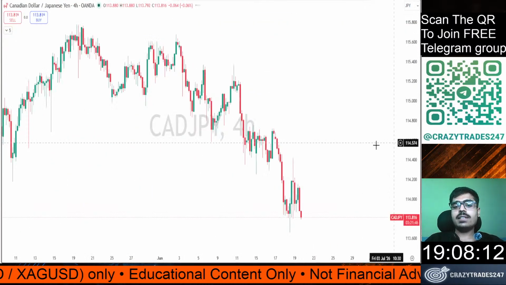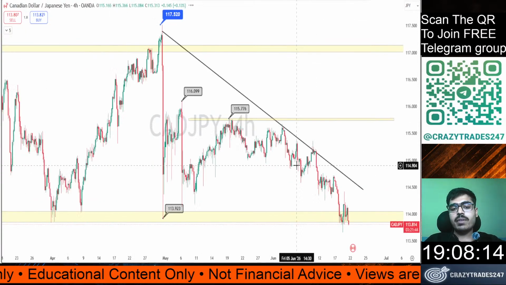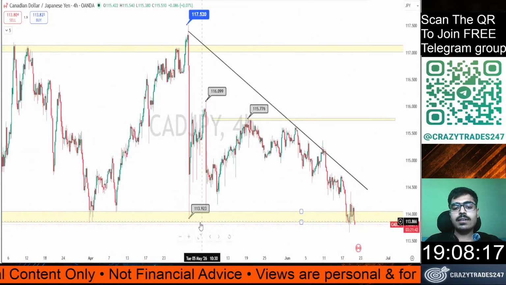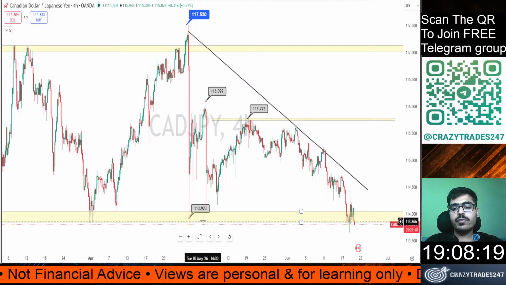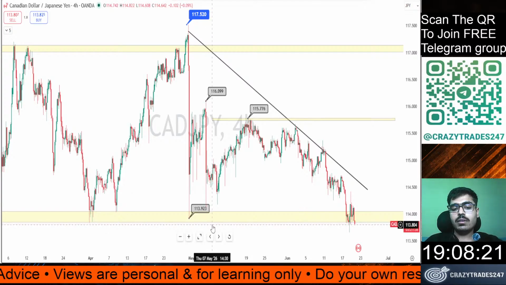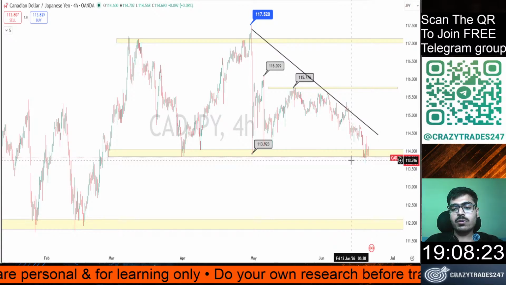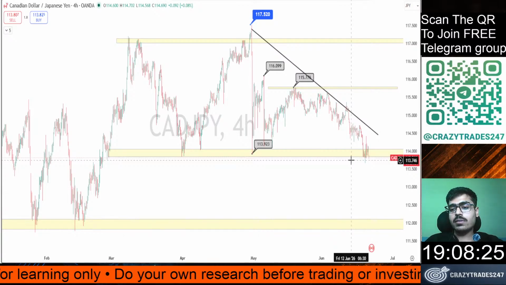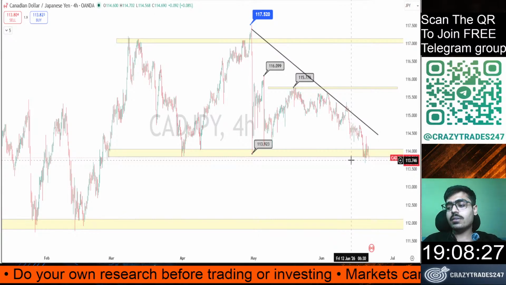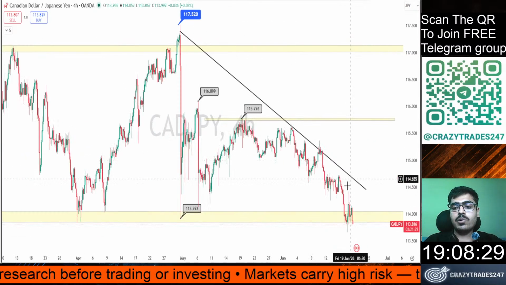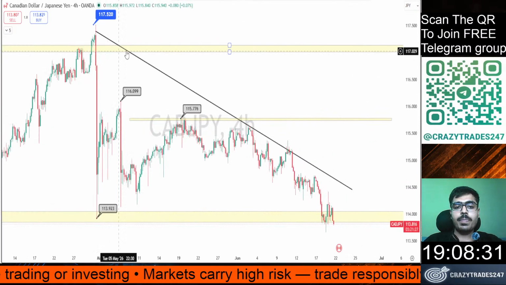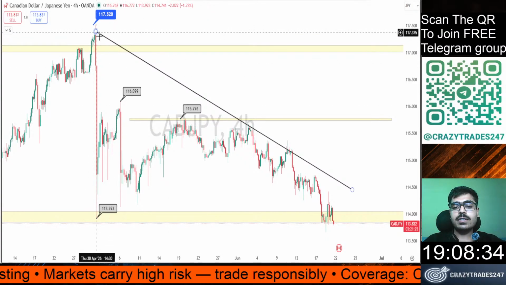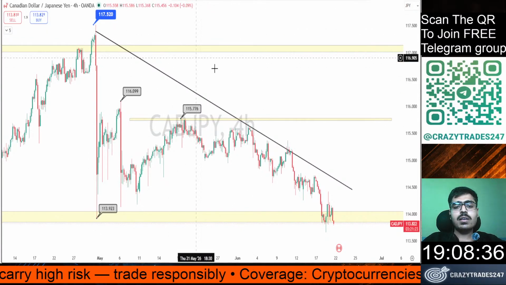Next we have is CAD JPY. CAD JPY is declining like anything. It's at its major support of, it has almost broken its support on intraday levels, 113.746, and now it's consolidating in a sideways direction. This is a bearish trend line from where it's facing rejections multiple times in the past.